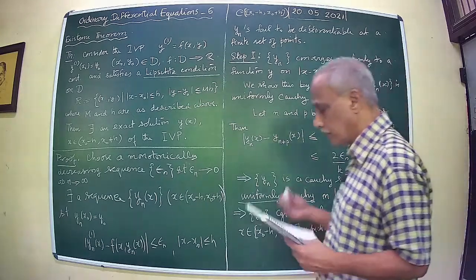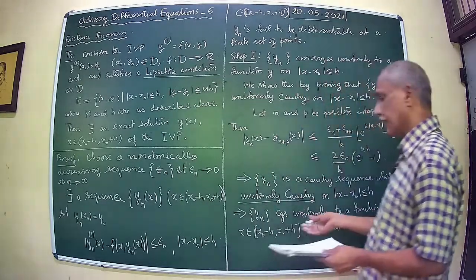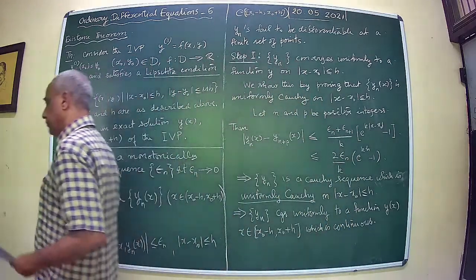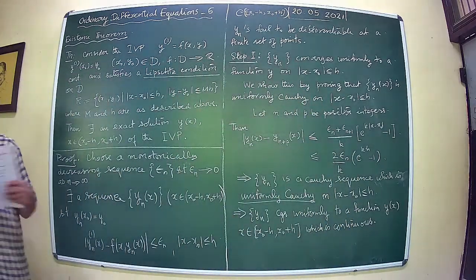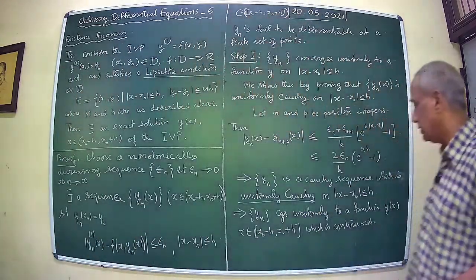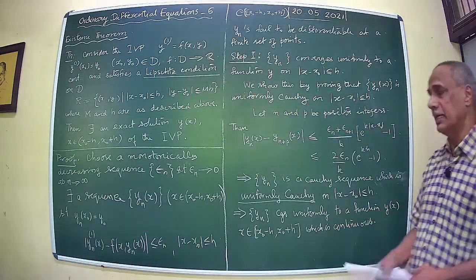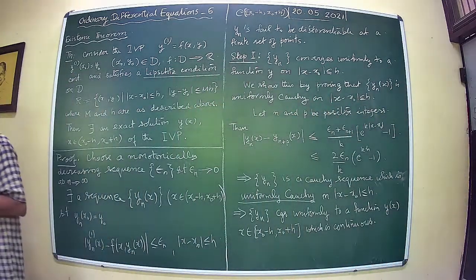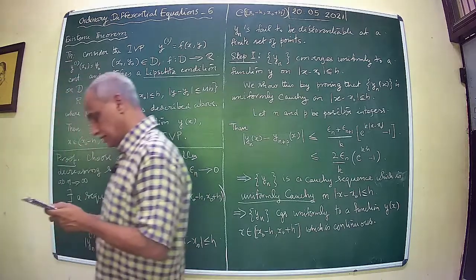With this particular norm, this is a complete metric space, and therefore every Cauchy sequence converges to a function in that space. And because of this uniform convergence, the limiting function is also a continuous function. Now this is what we observe.